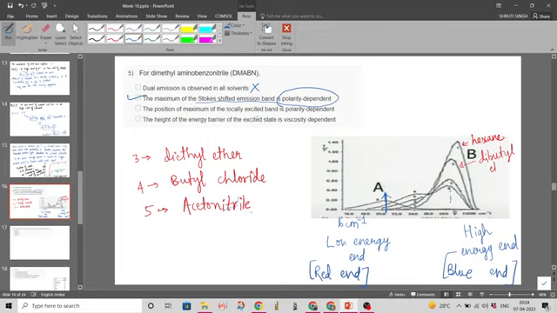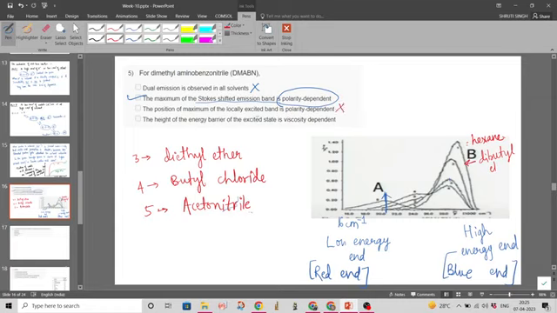The maxima is more or less the same, except for this one. So we cannot say that it is highly polarity dependent. So this option goes wrong, the maxima of the locally excited state is not polarity dependent.